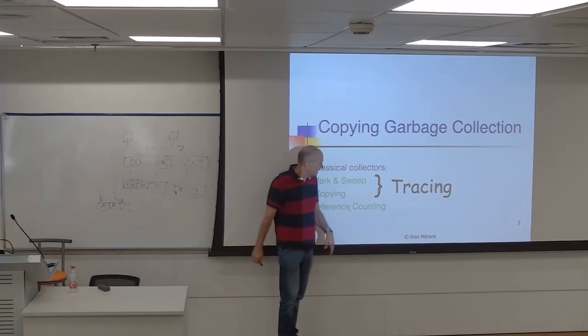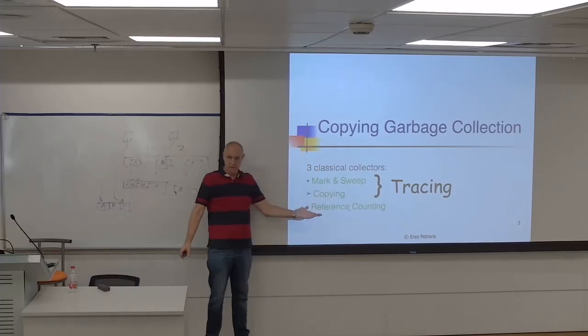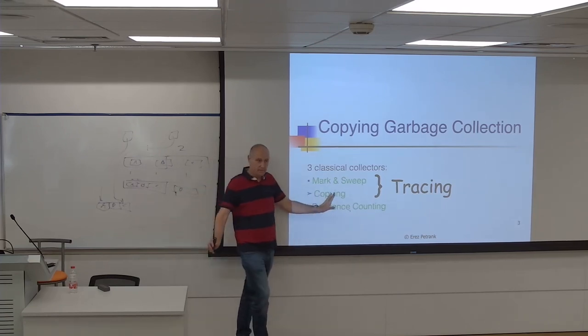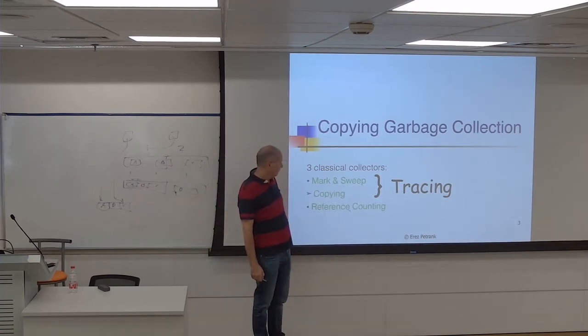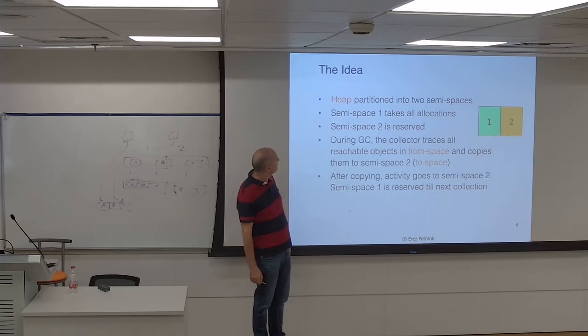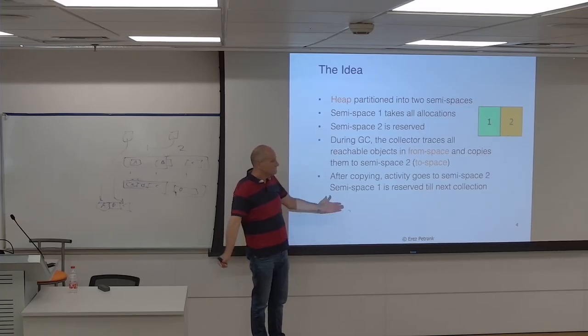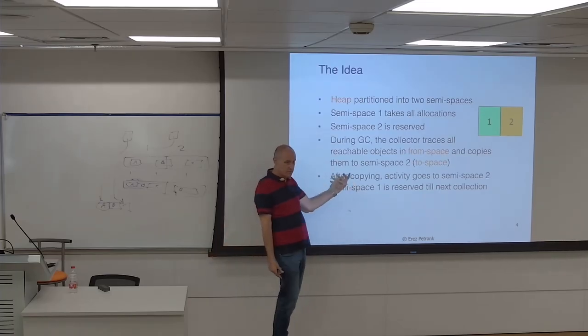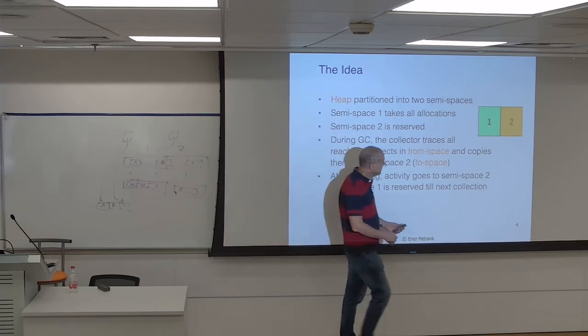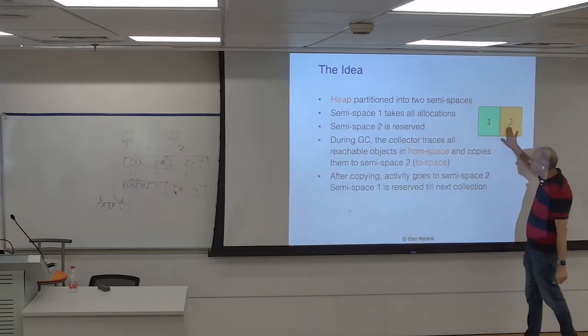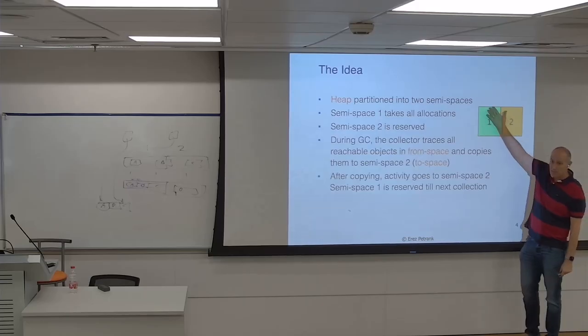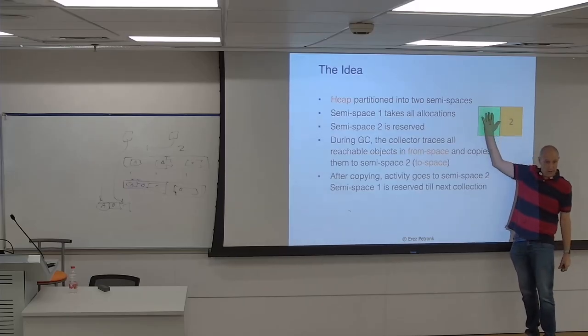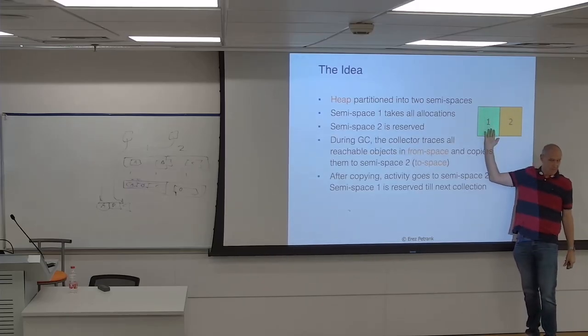Okay. So copying is one of the classical algorithms. We're going to work with it. The idea, we talked about it in the first class. We have two semi-spaces. This is how it's called, two semi-spaces. We start by doing all allocation in one semi-space.